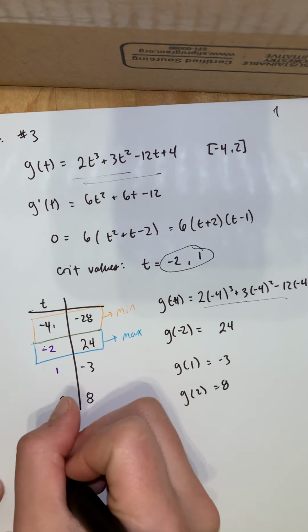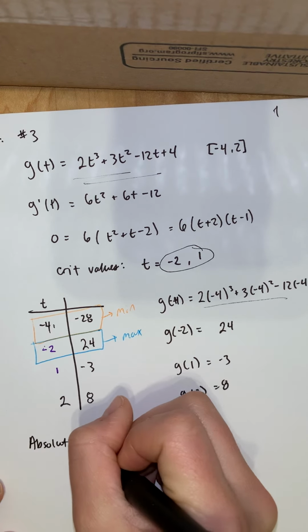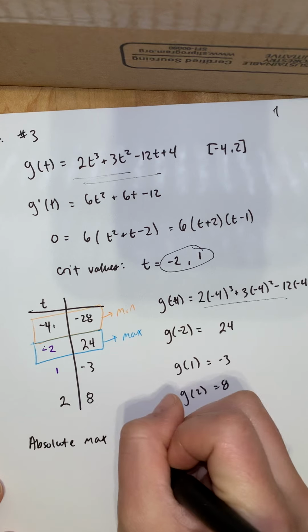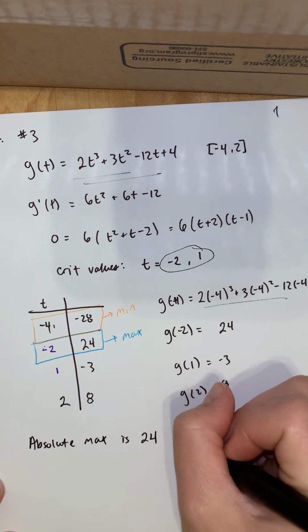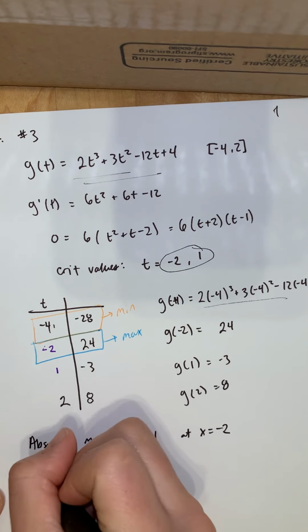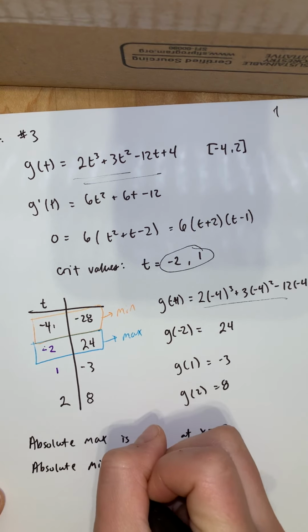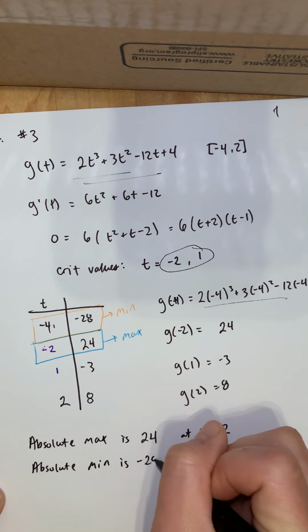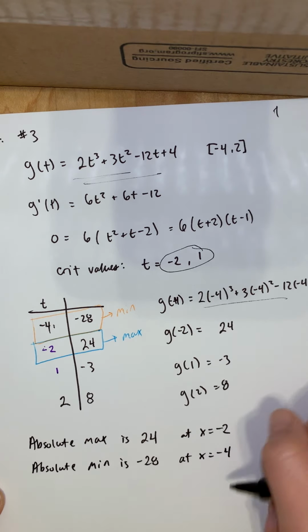Okay, we know that the absolute max is 24 at x equals -2. The absolute min is -28 at x equals -4.